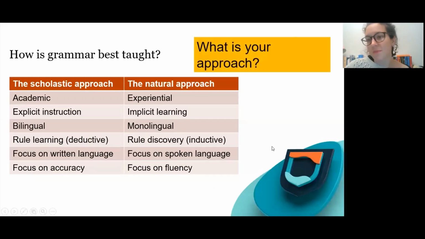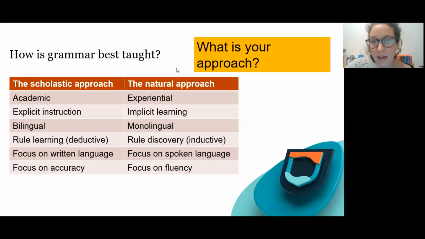Of course, you cannot say that there should be only one way, only the natural approach, because in case we only use the natural approach, our students might lack accuracy. They might lack the skills in writing, and they might just not understand something if their type of learning is a little bit not linguistic.